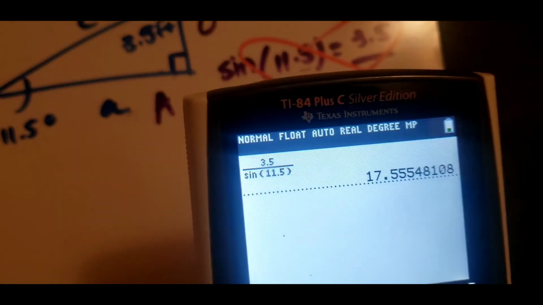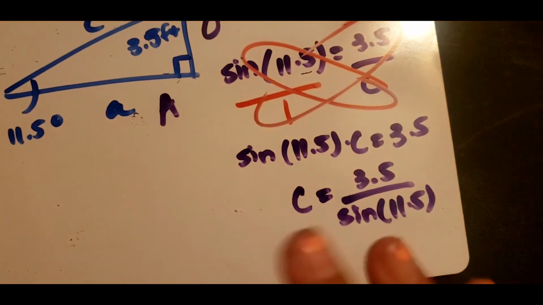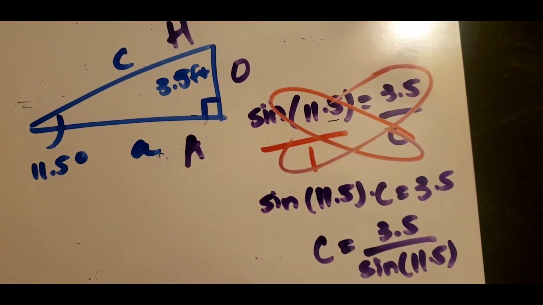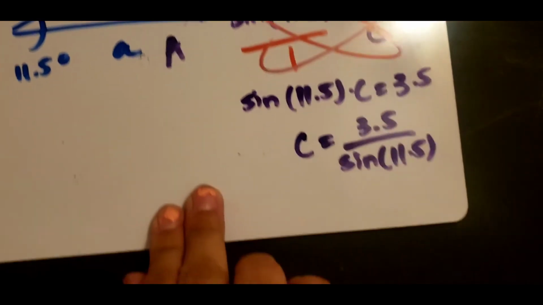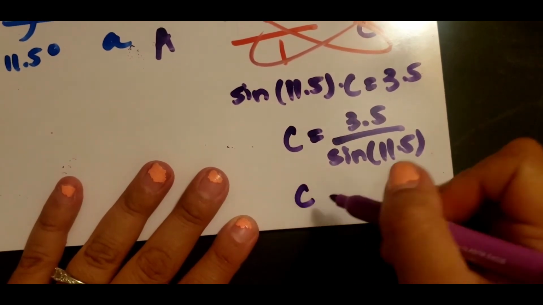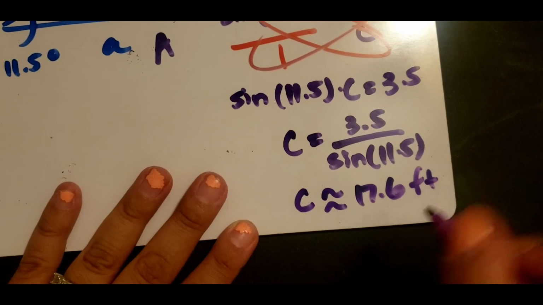And if you're wondering why I'm not rounding to the nearest whole, it's because it is a side, not an angle. When it's an angle, I round to the nearest whole. And since this side has 1 decimal, I'm going to stick to 1 decimal as well. So I usually try to coincide. So this is going to be approximately 17.6 feet.